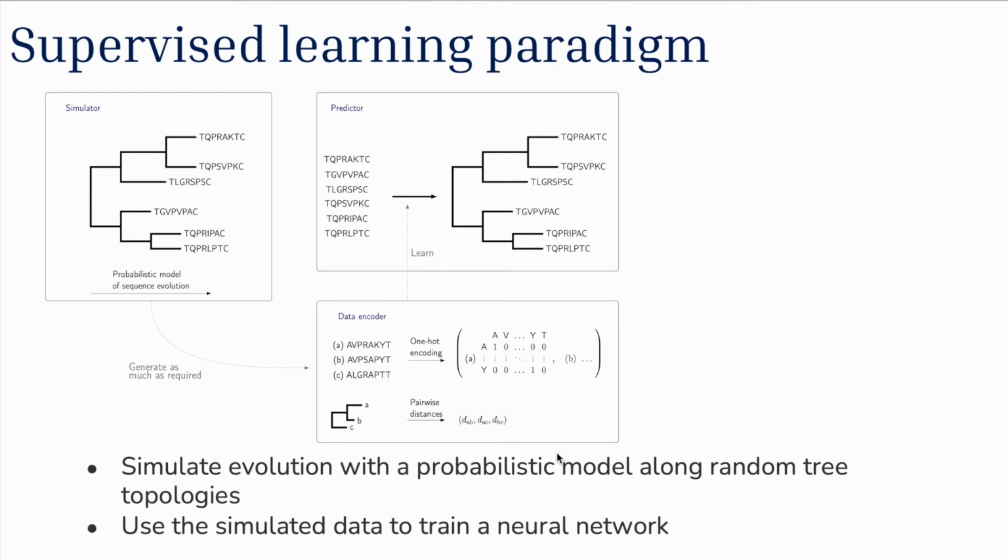To do so, we take a supervised learning approach. We generate random trees and simulate evolution along them using a probabilistic model, thus obtaining training data consisting of alignments with the corresponding labels being all the pairwise distances between the sequences in them. That is, for an alignment with n sequences, a vector of n(n-1)/2 positive real numbers.